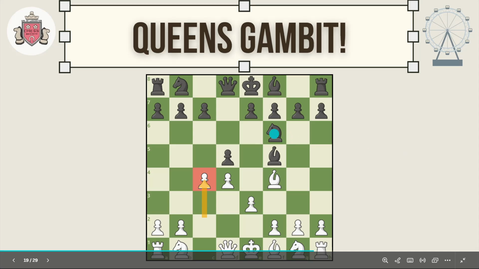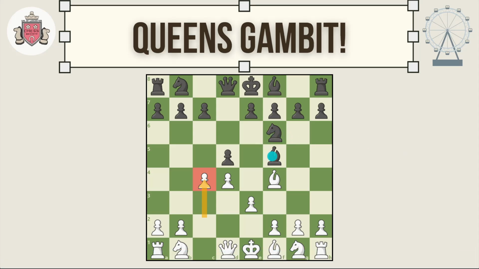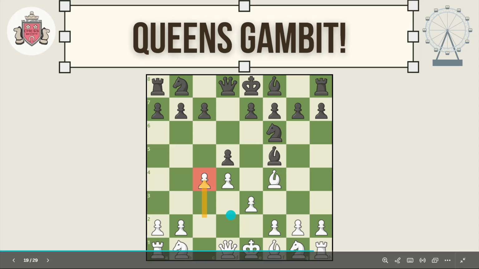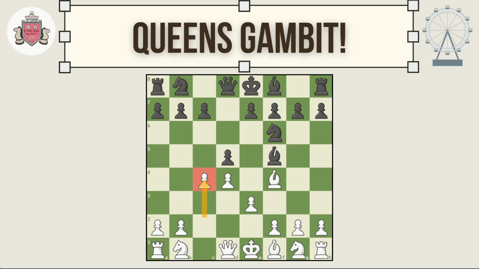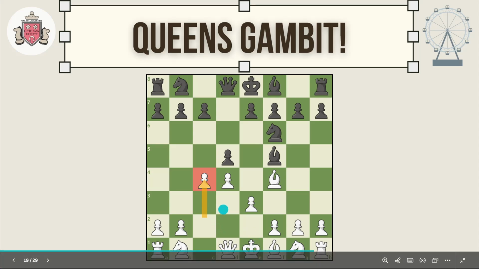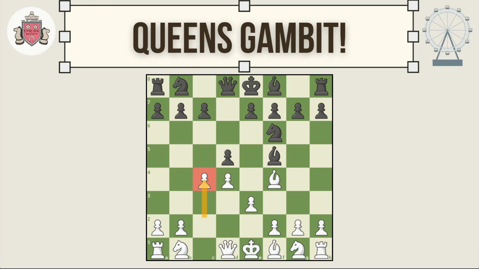But if the bishop does come out here early, there's essentially no good way to get this bishop over here anymore. It takes a lot of time to get rid of that bishop, which is not ideal, right? So essentially we scrap the entire idea of the bishop over here, and essentially what's called transposing, converting your position into another kind of opening.